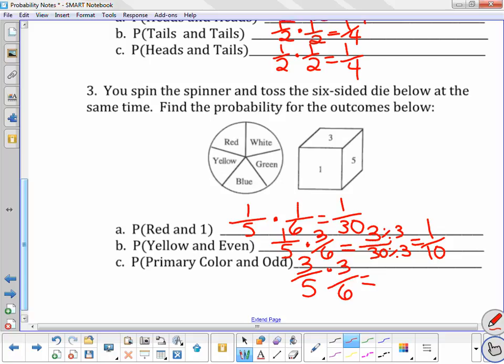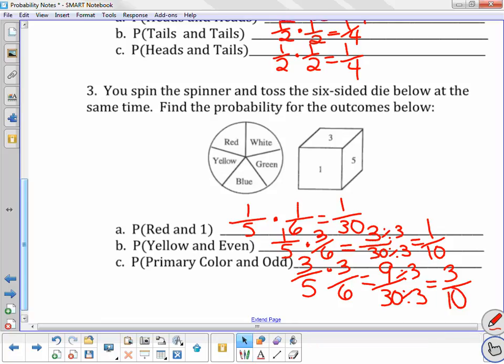And once again, you can simplify 3/6 to 1/2 right away. 3 times 3 is 9. 5 times 6 is 30. I'm not going to leave it like this. That greatest common factor is 3. 9 divided by 3 is 3. 30 divided by 3 is 10. So 3/10. Alright, I think this is a pretty easy topic that you guys can handle.